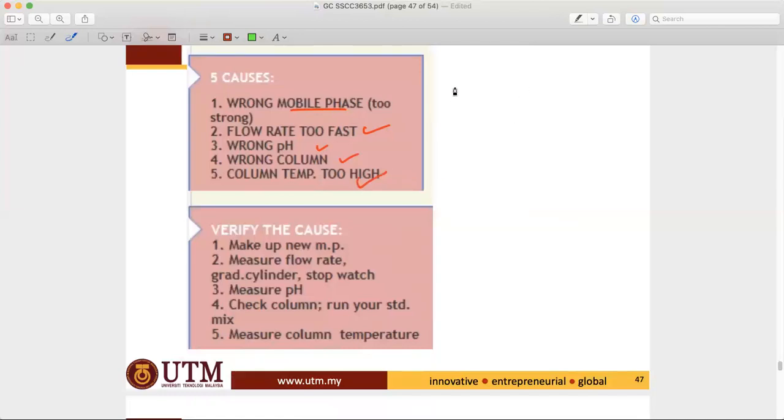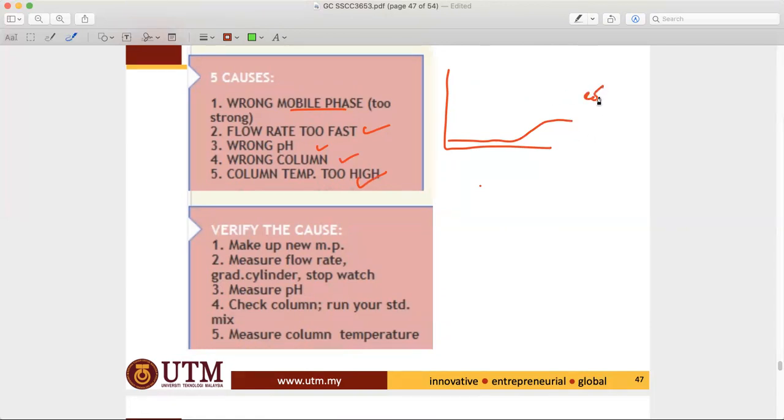For example, when you do conditioning and you see your baseline, it was supposed to be straight. When you see your baseline straight, and then towards the end it goes up like this, we call this column bleeding.